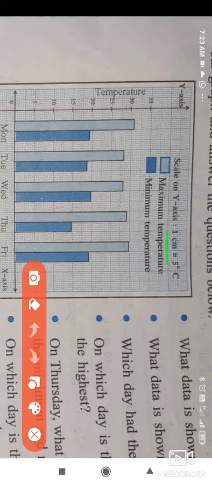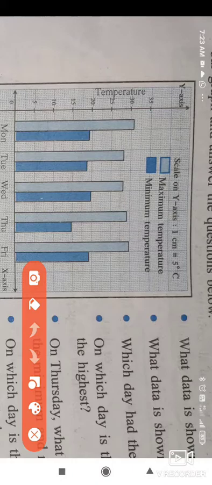First of all, understand that here a scale is given for temperature: 1 centimeter is equal to 5 degrees Celsius. This is our x-axis, this is our y-axis. Maximum temperature is denoted with the faint blue color, minimum temperature with the dark blue color. On the x-axis the days are given: Monday, Tuesday, Wednesday, Thursday, Friday.